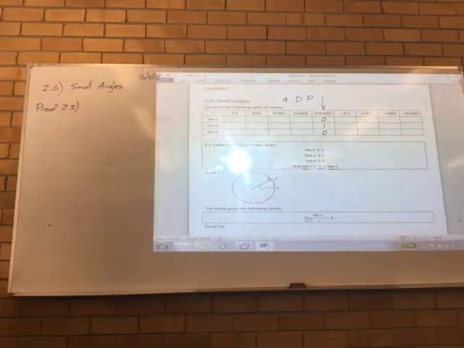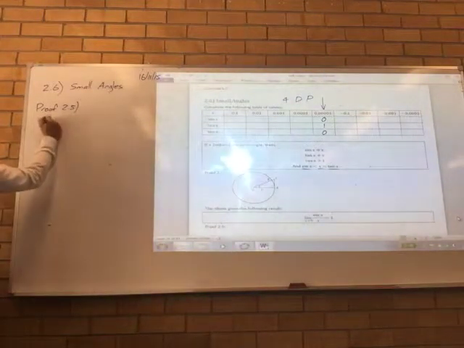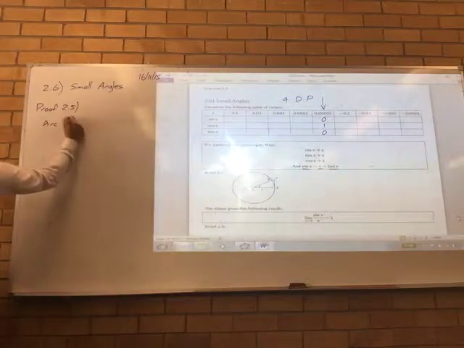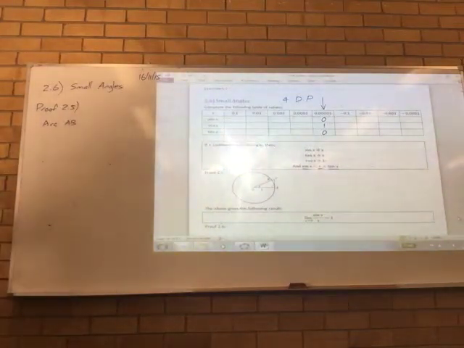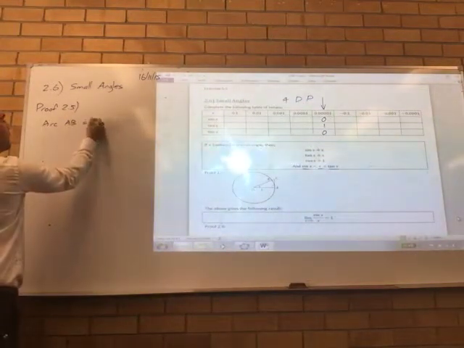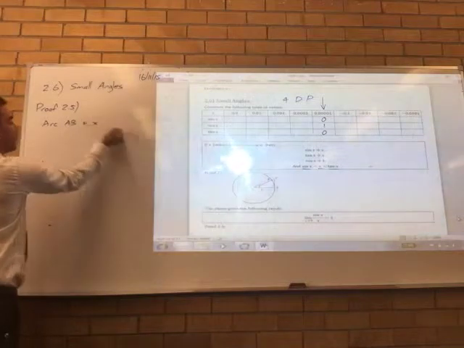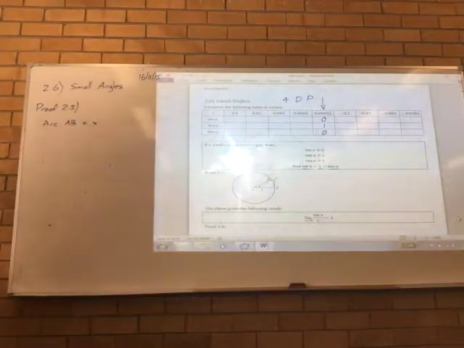So, by definition, how long is arc AB? X, okay, because by definition, it is x. When you have 1 radian formed at the centre of a circle of radius 1 unit, then the length of the arc formed is 1. And that's why that is x there.